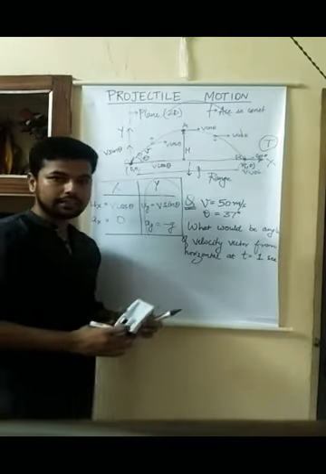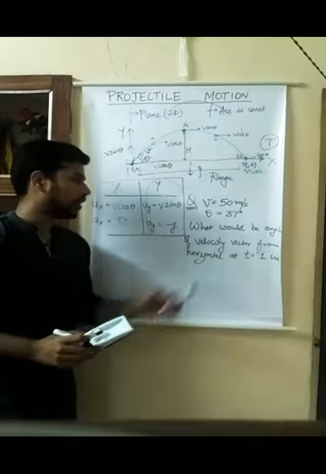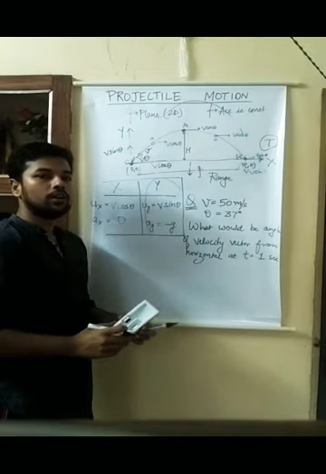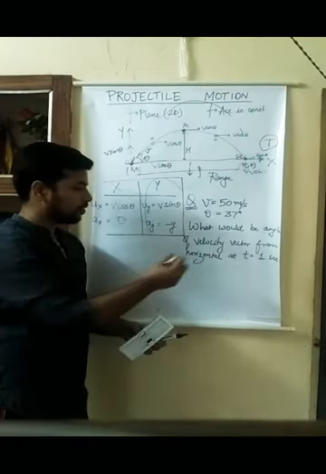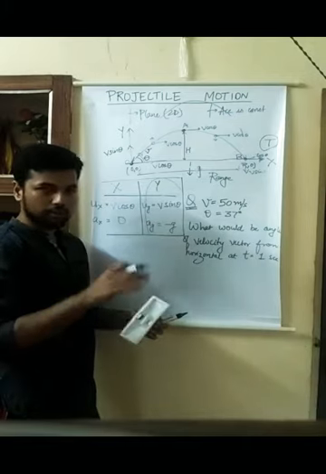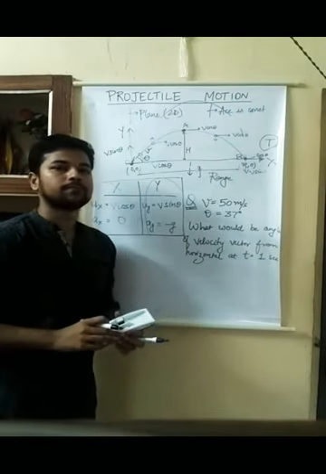So if you are given initial velocity 50 meters per second and angle of projection is 37 degrees, what would be the angle of the velocity vector with horizontal at time equal to 1 second?